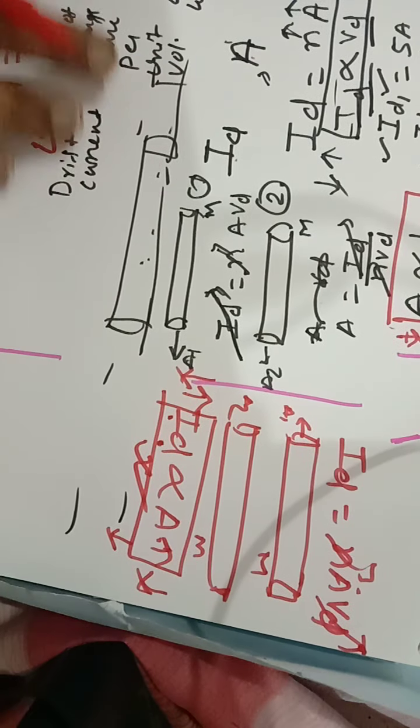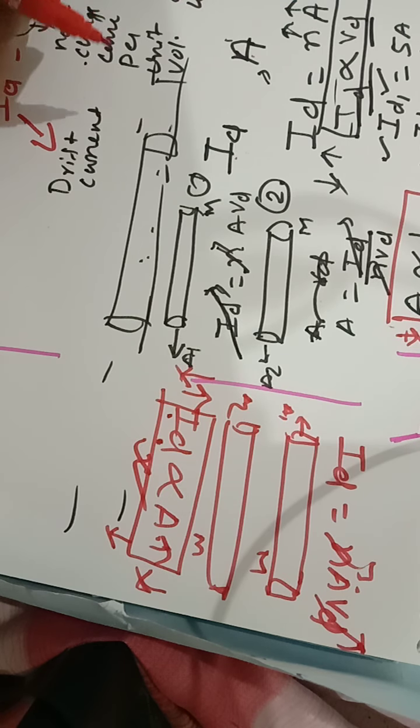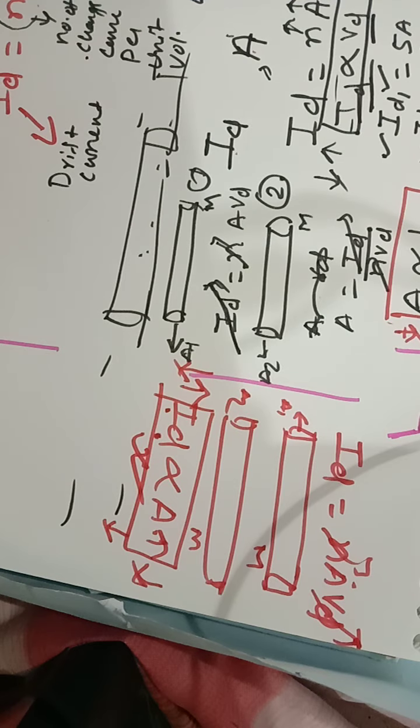But generally this is a less used case, because the area of a wire generally doesn't change; with increasing or decreasing length, it remains constant. So basically the previous two conditions were more beneficial and useful. What are those?